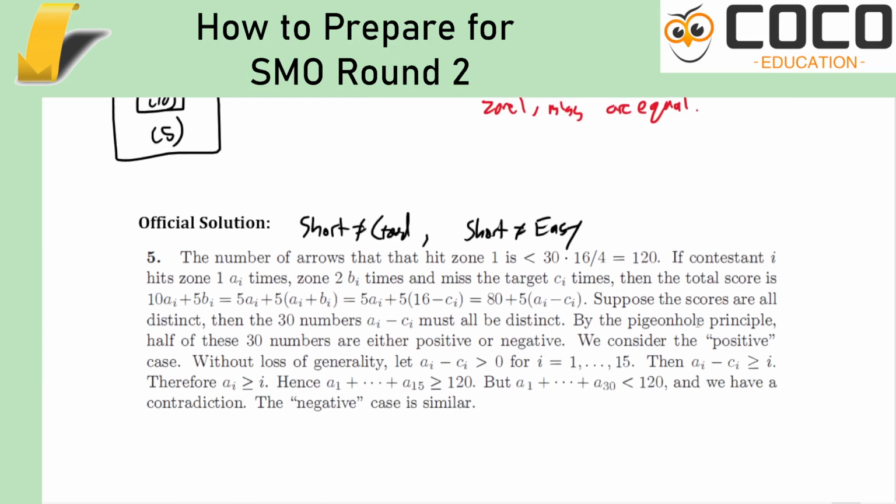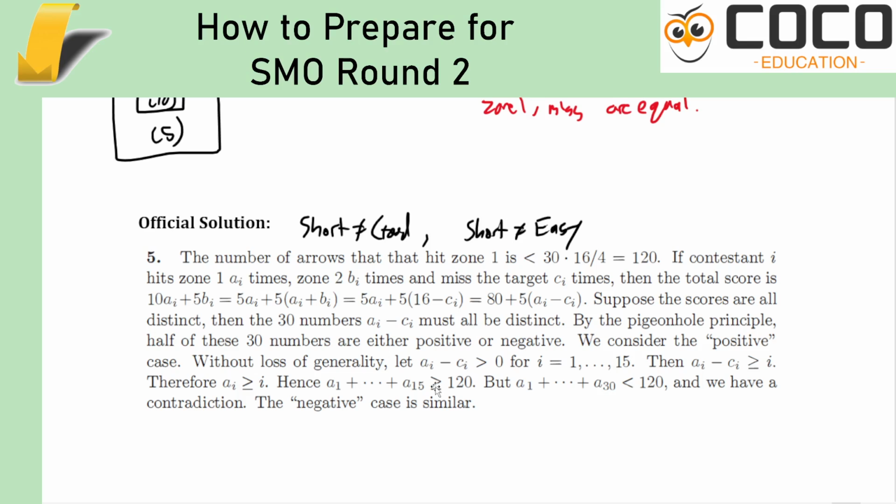Now the solution is unreadable. It's unreadable because it just starts with contestant i hits zone 1, a_i times, zone 2, b_i times, and miss the target, c_i times, then the total score. Like, why am I calculating the total score? And why do I care about positive and negative numbers? This is all very weird.